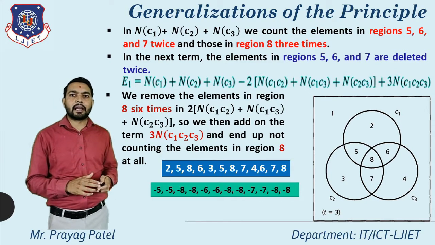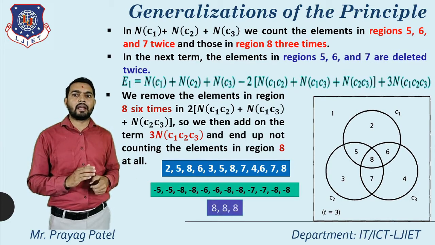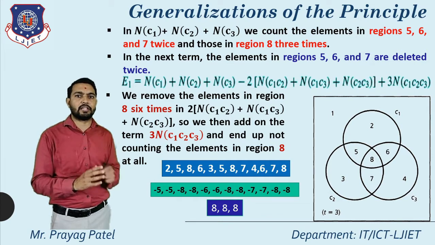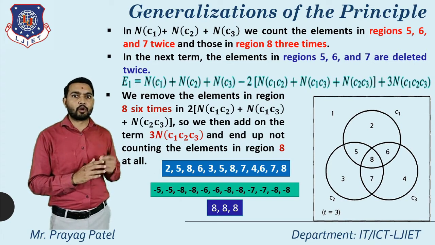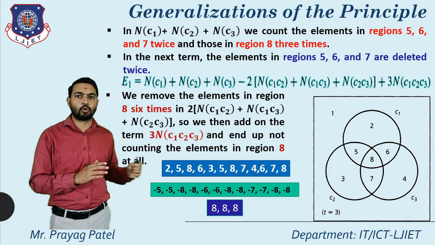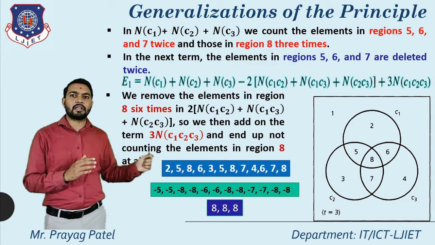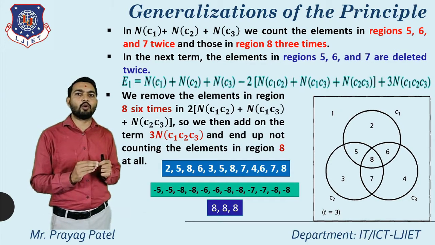Now after that, the last term is 3 N(C1C2C3). N(C1C2C3) means the common element of C1, C2 and C3, which is 8. So we write 8 here 3 times because of 3 times N(C1C2C3). So 8, 8 and 8. When we simplify these three portions, we will get the exact value.